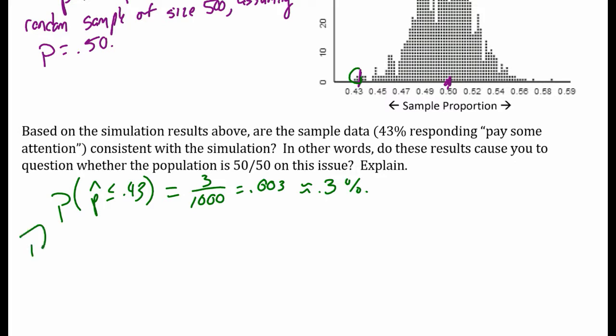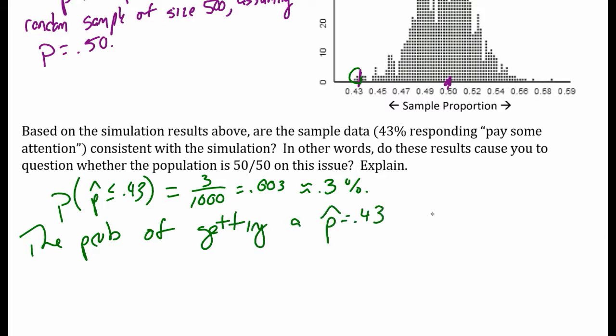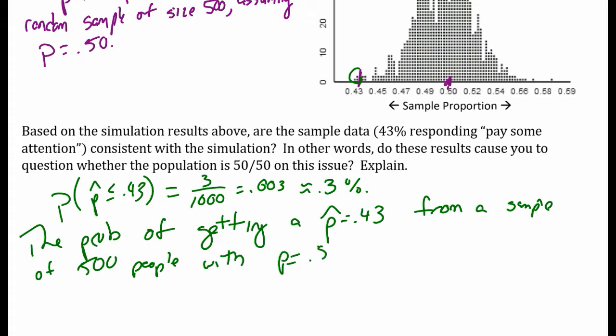So the probability, what does this mean? The probability of getting a p-hat of 0.43 from a sample of 500 people with the true population proportion being 50% is 0.3%.